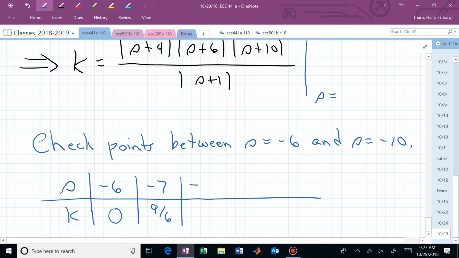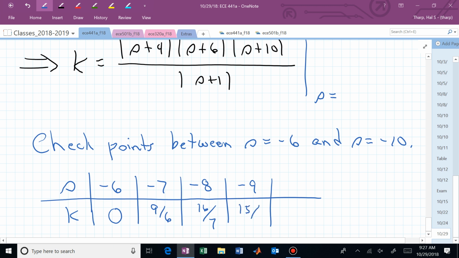If we now say -8, it ends up being 16 over 7, and that's now bigger than 2. Have we reached a maximum yet? What about s equal to -9?